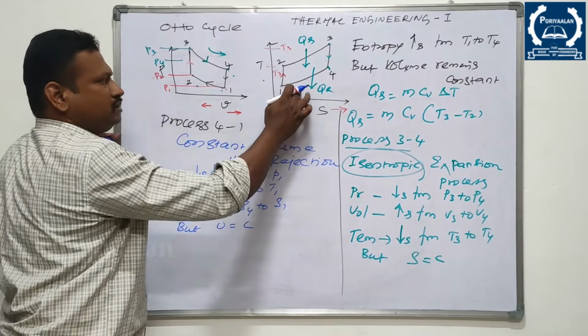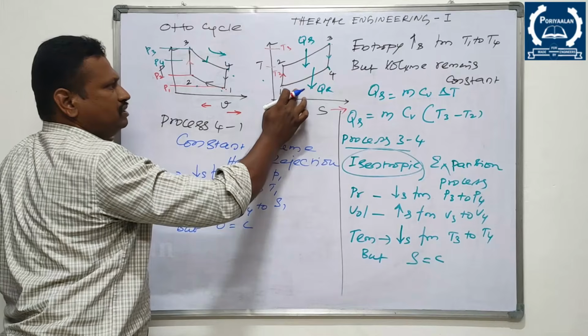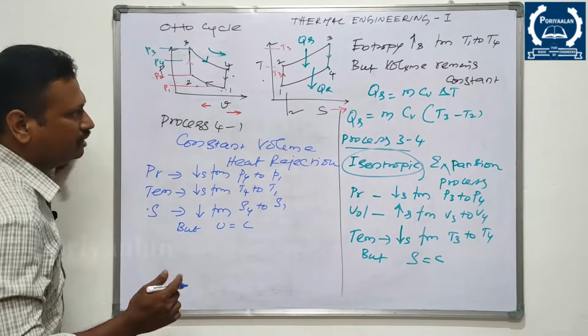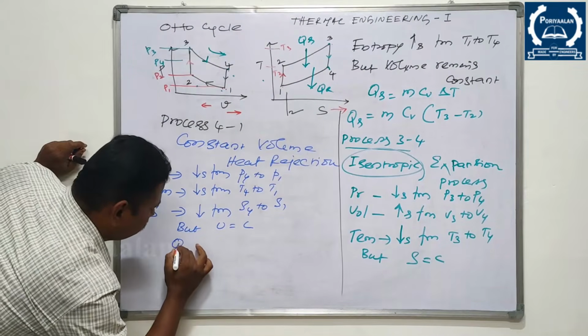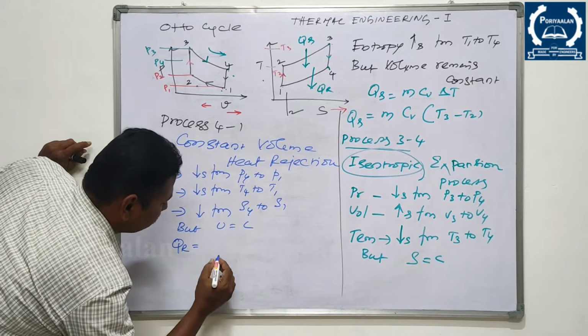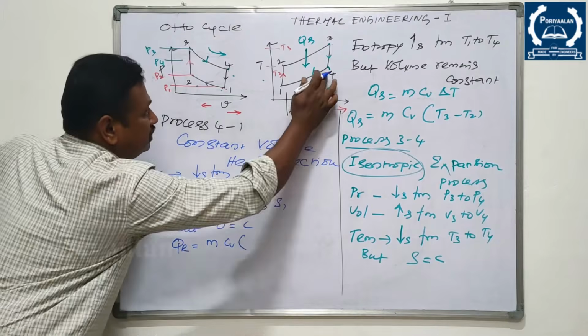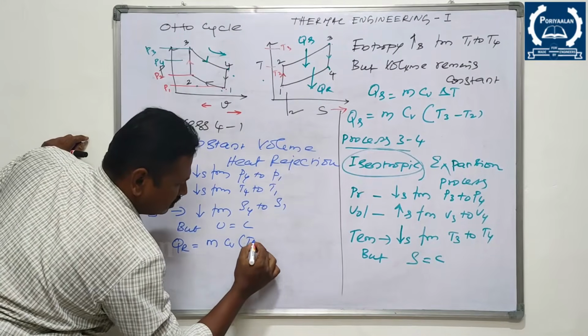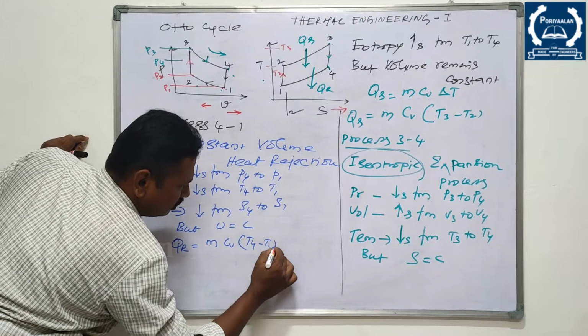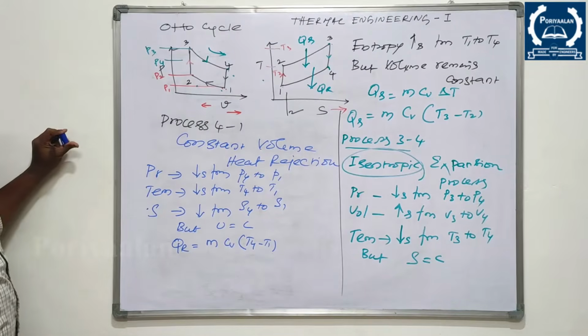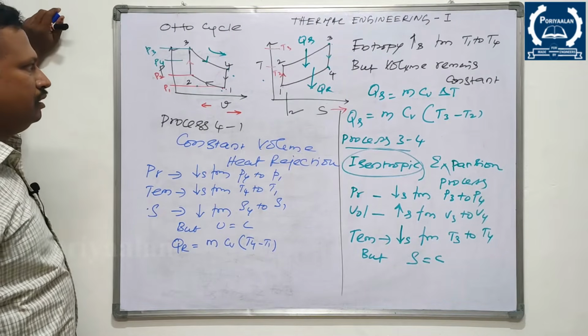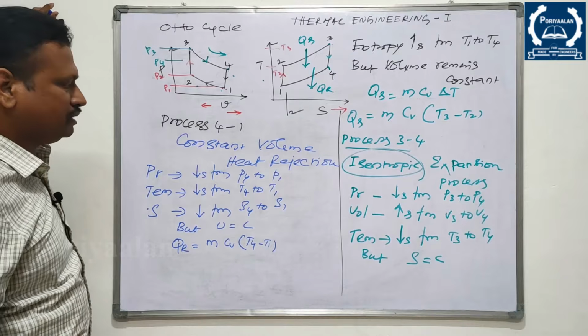So this is the place in which heat has been rejected. So heat rejected during this process is mass into specific heat, then the temperature difference, m Cv into T4 minus T1. So we have completed all those processes.